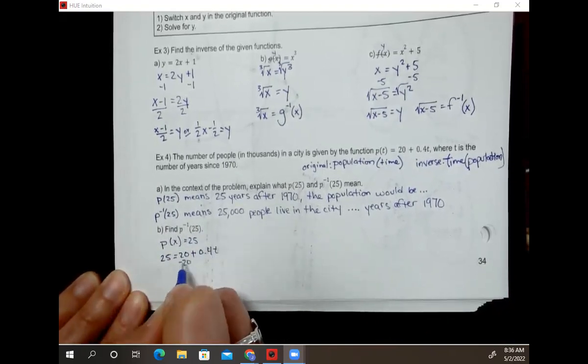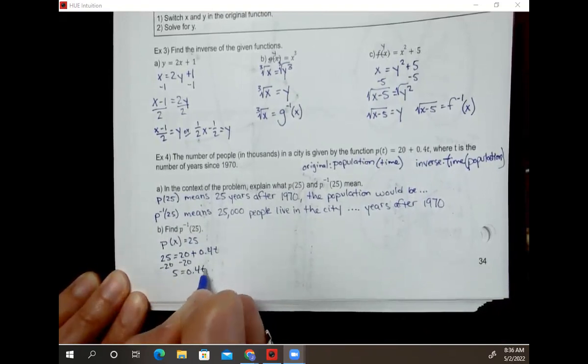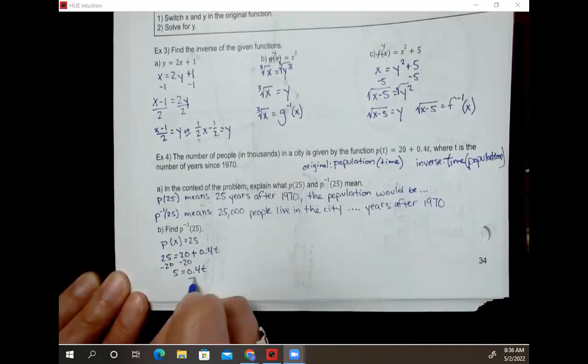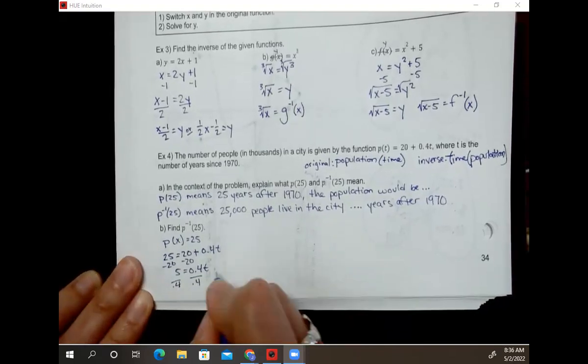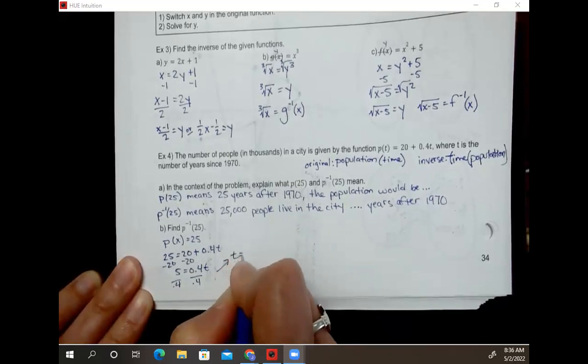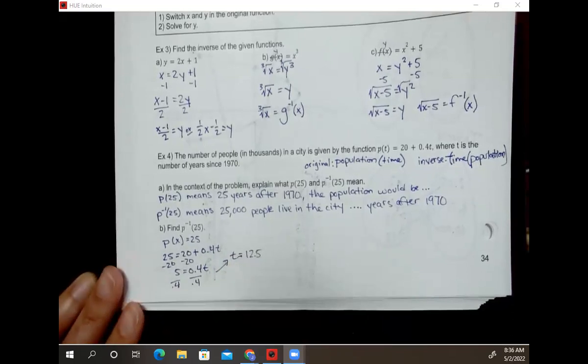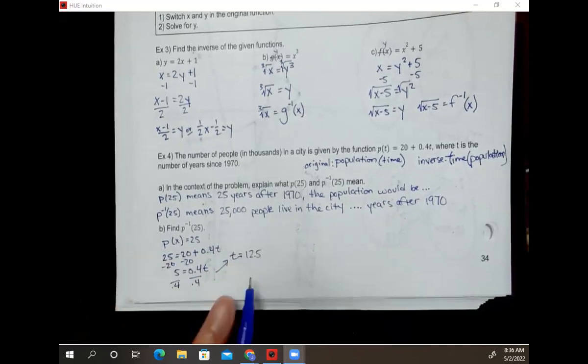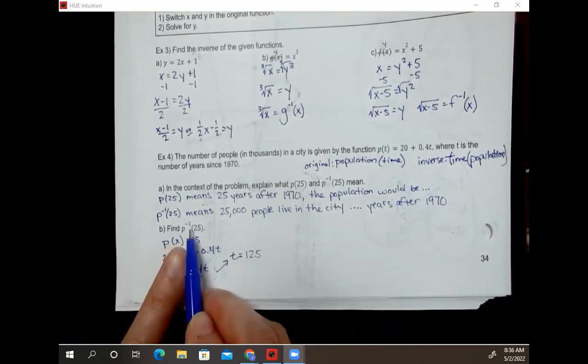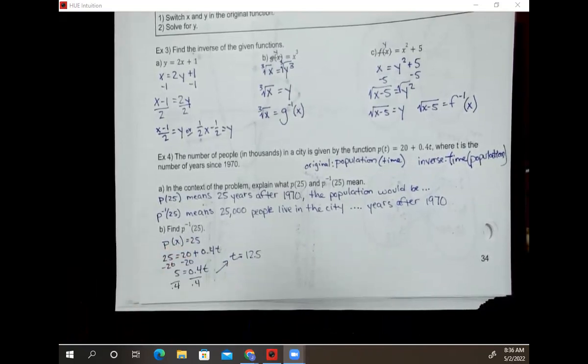So I would move the 20 over, I would get 5 equals 0.4t. Divide both sides by 0.4, and I would get t equals 12.5. So since p of 12.5 equals 25, that means p inverse of 25 would equal 12.5.